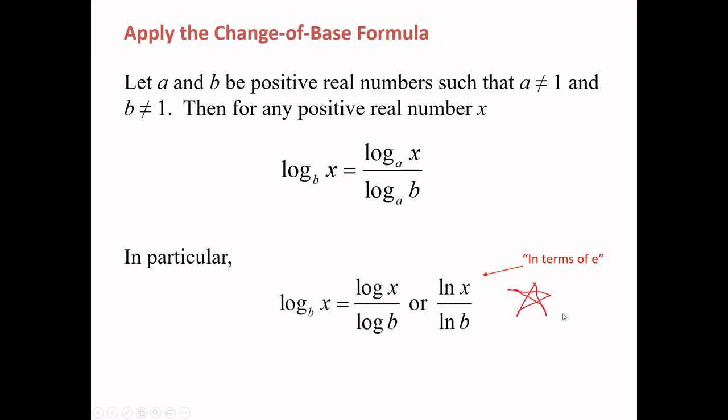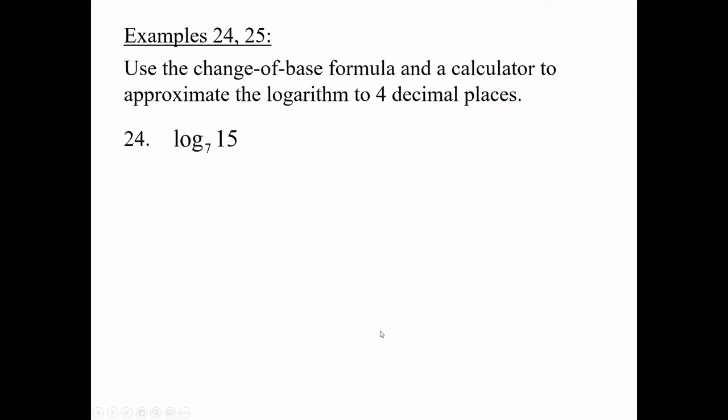Okay. And I put this star here because that's shown a problem that says convert this in terms of E or a natural log, and they're looking for an answer like that one.